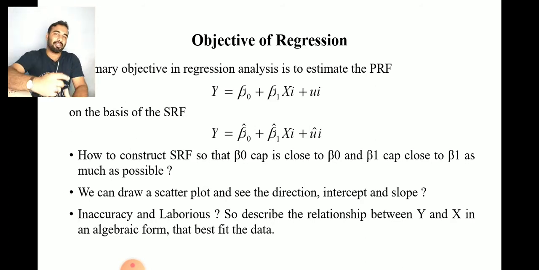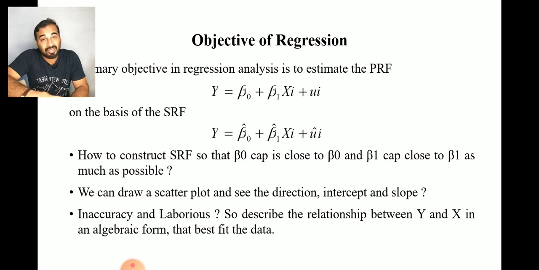In the previous video, we discussed some of the basic concepts about regression. What is regression? Then what is conditional and unconditional mean? PRF, PRL, then linear PRF, then stochastic specification of PRF, then sample regression line and function, SRL and SRF.